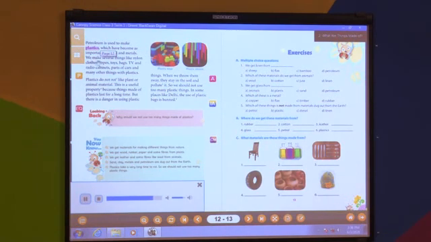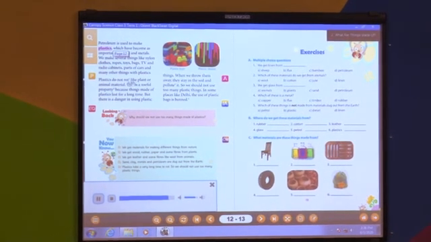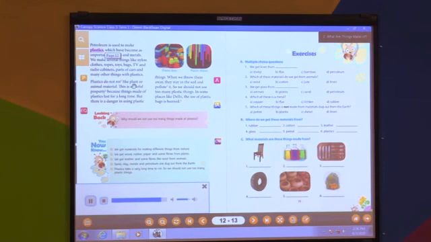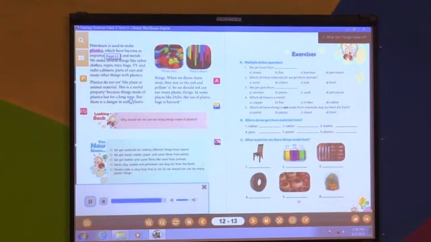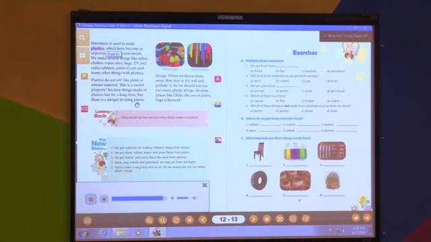We make several things like nylon clothes, ropes, toys, bags, TV and radio cabinets, parts of cars, and many other things with plastics. Plastics do not rot like plant or animal material. This is a useful property because things made of plastics last for a long time.